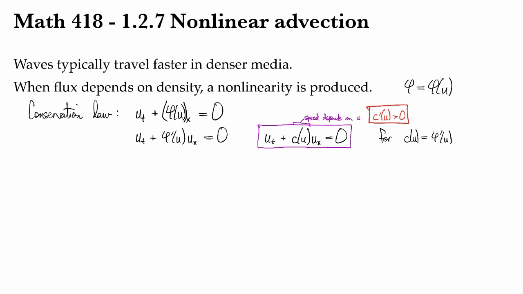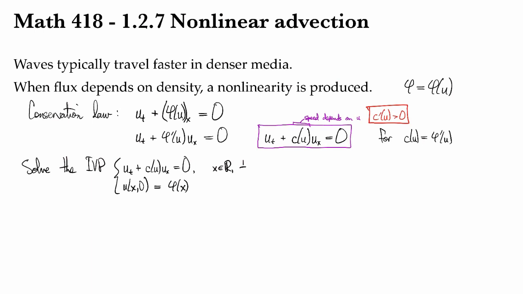So let's see. So suppose we want to solve the initial value problem of u_t plus c(u) u_x equals 0, with u(x,0) being given by some function phi. And so this will be for any real value of x and for t positive.